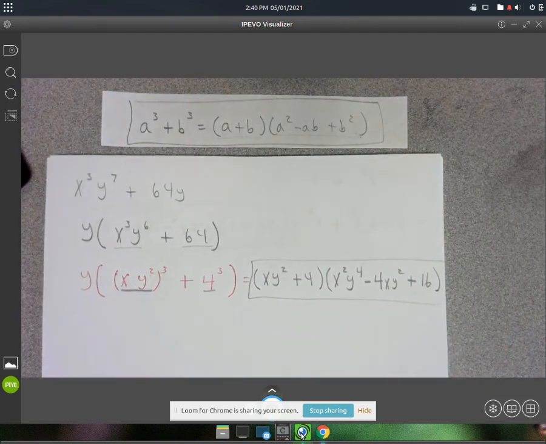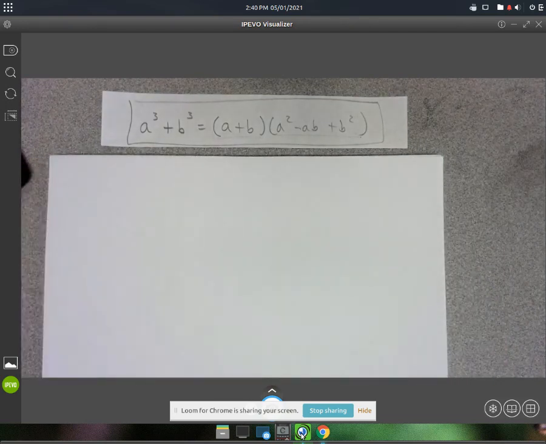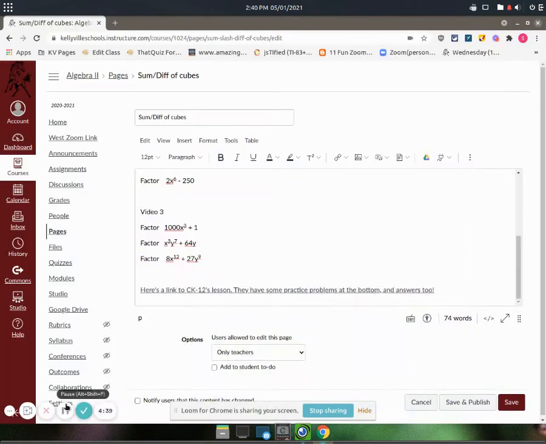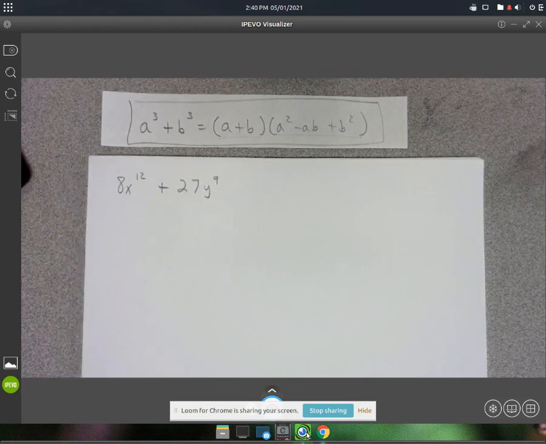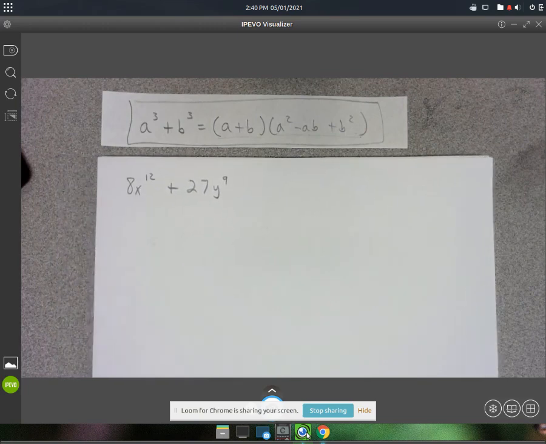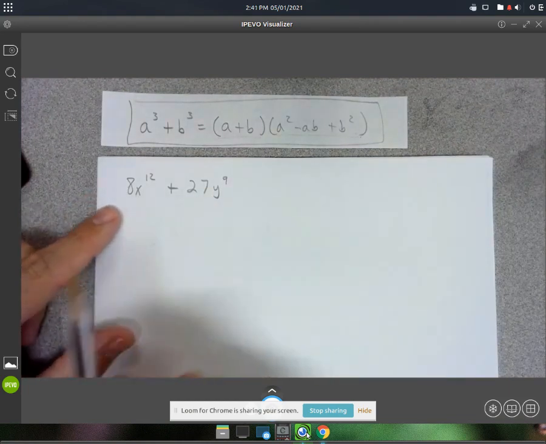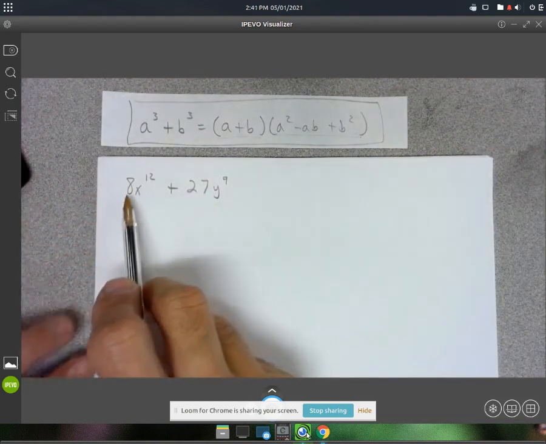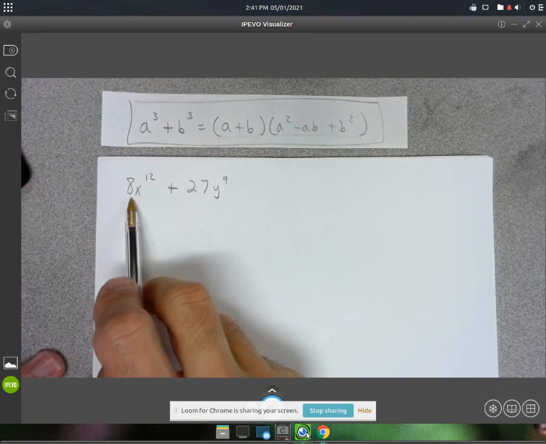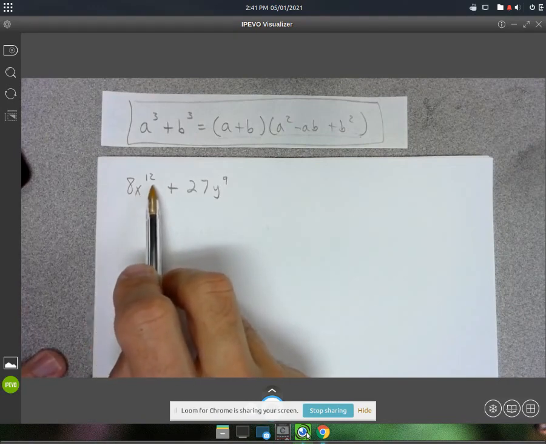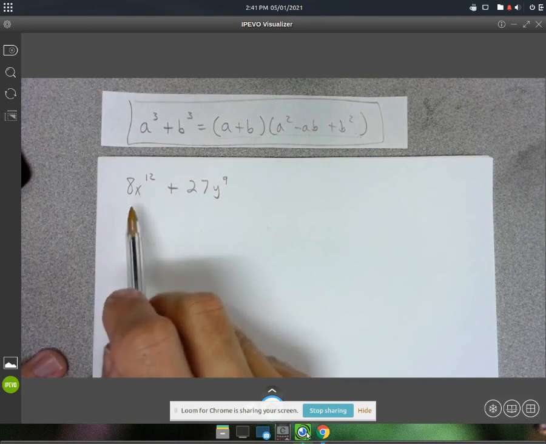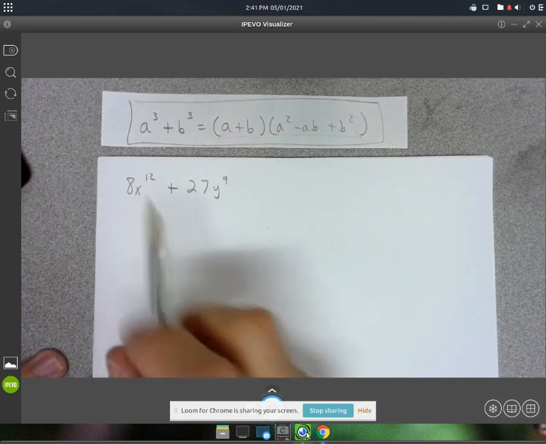And I believe there's one more. Let me find that one. So we got 8x to the 12th and 27y to the 9th. There's no greatest common factor to factor out here. 8 is equal to 2 times 2 times 2. And then x to the 12th, if you want to express that as a power of 3, that would be x to the 4th.